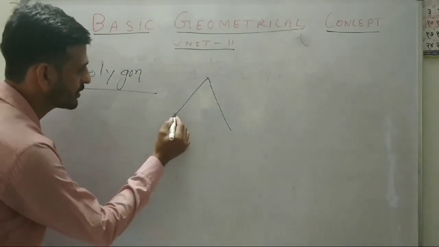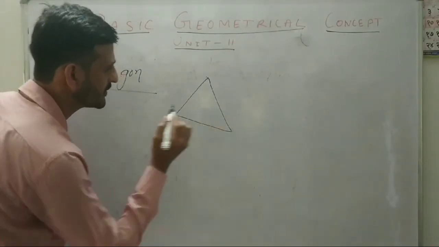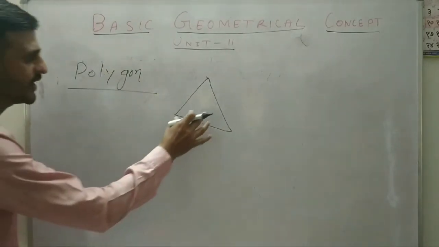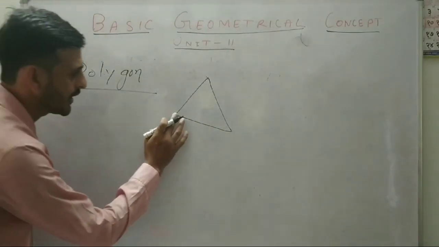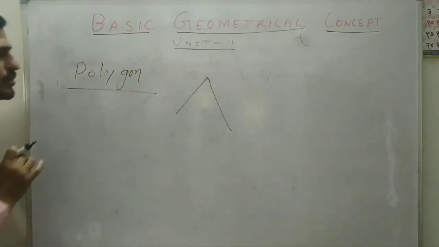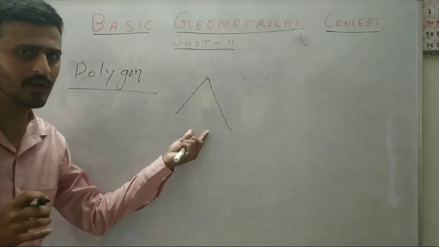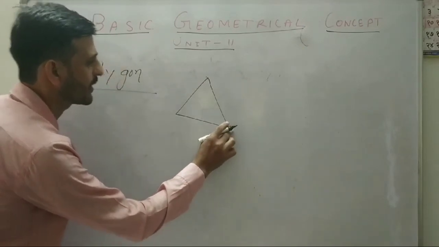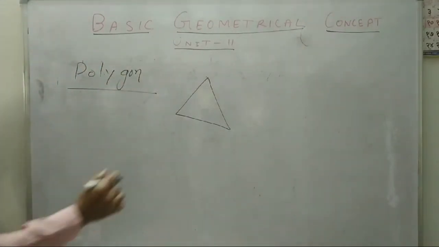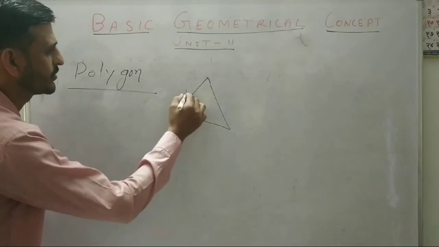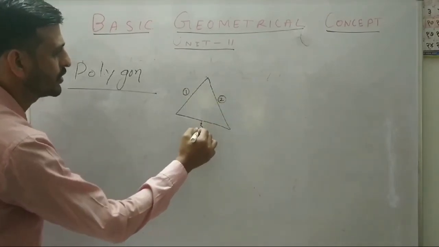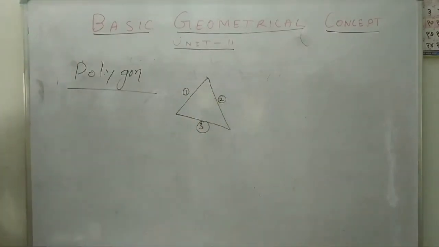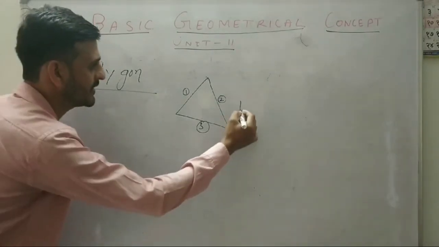A simple closed curve made by line segments means this type of figure. So this is the polygon. If we draw two line segments, is this a closed figure? No. To get a simple closed figure made by line segments, we need three line segments: 1, 2, 3. This type of polygon which has three line segments is known as a triangle.